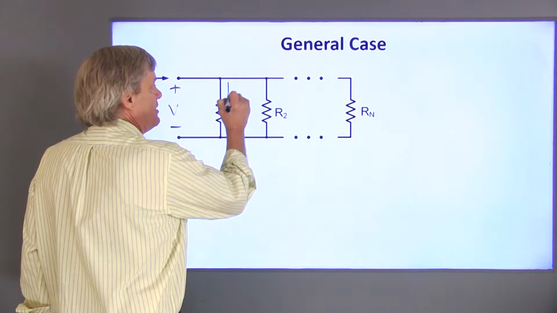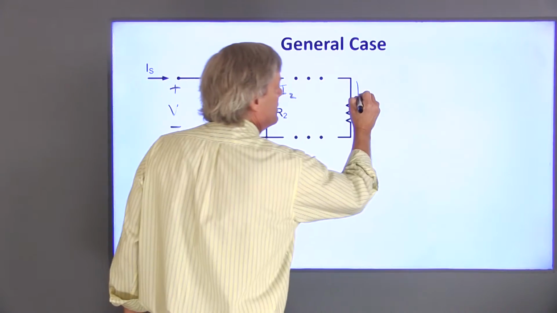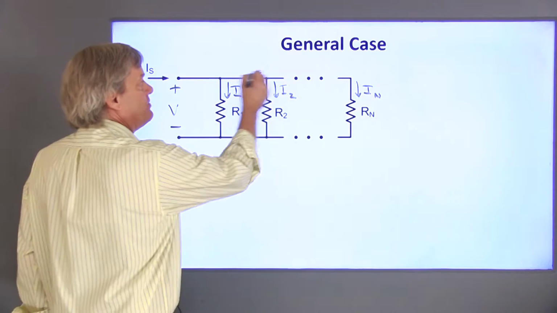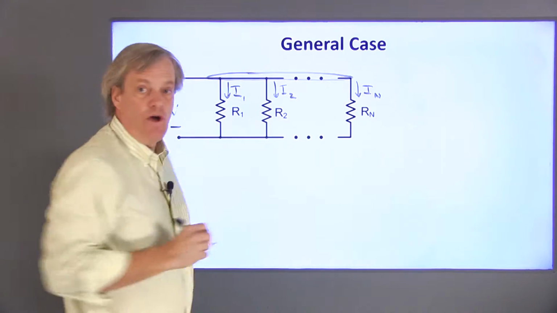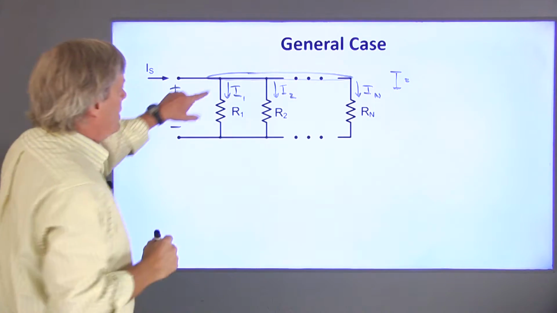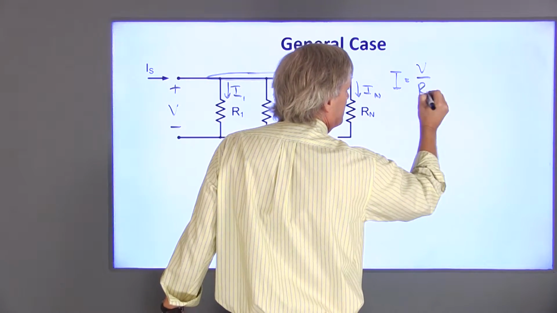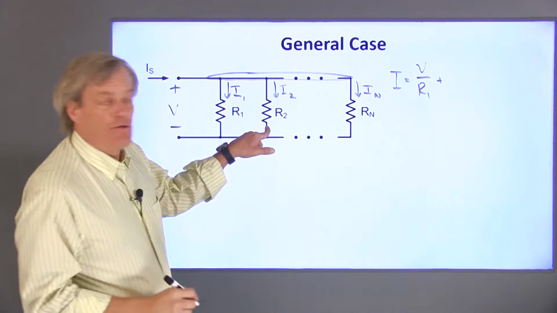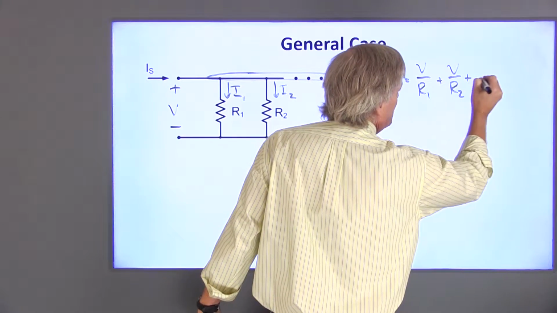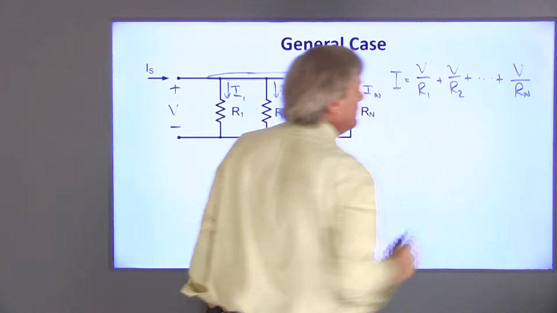Now, if I define the individual currents, I1, I2, up to I sub n, and then do KCL at this node, I find that I is equal to I1, which is V over R1, plus I2, which is V over R2, plus a bunch of other similar terms up to V over Rn.